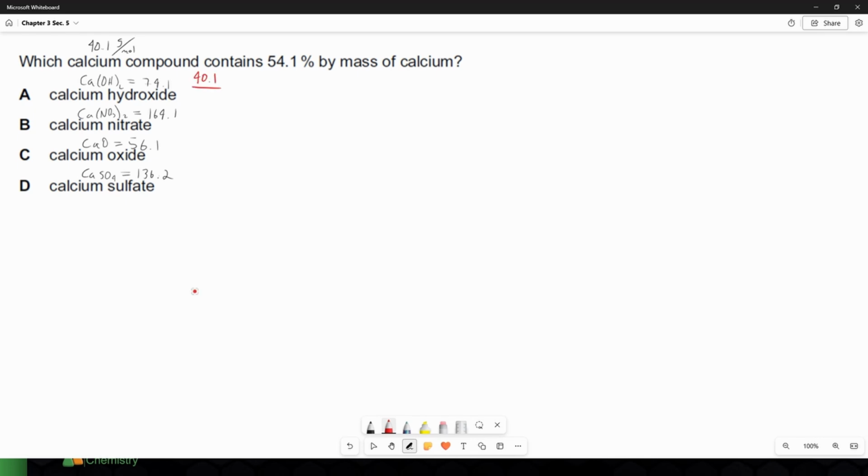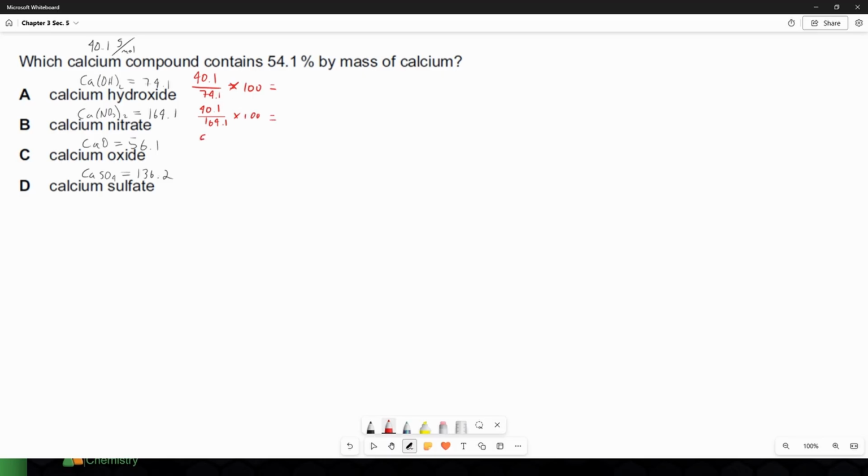40.1, which is the molar mass of calcium, divided by 74.1 times 100 to get the percentage. This will be 40.1 divided by 164.1 times 100, again for the percentage.